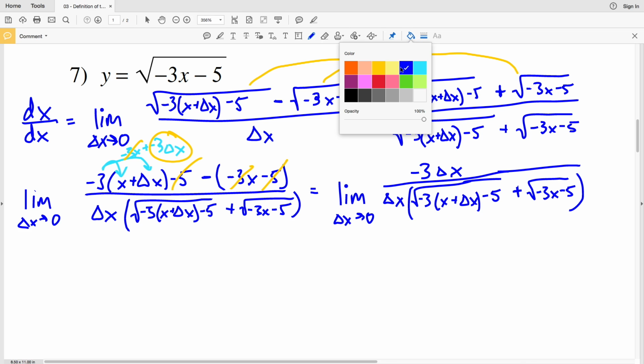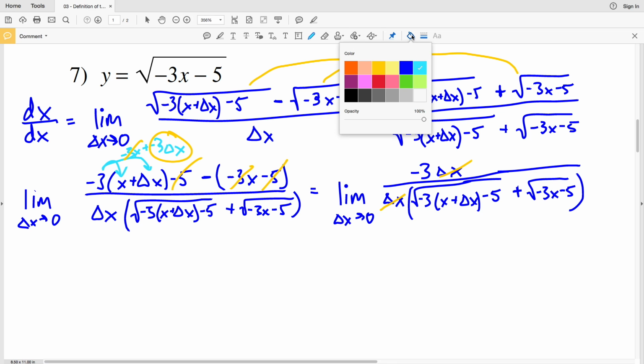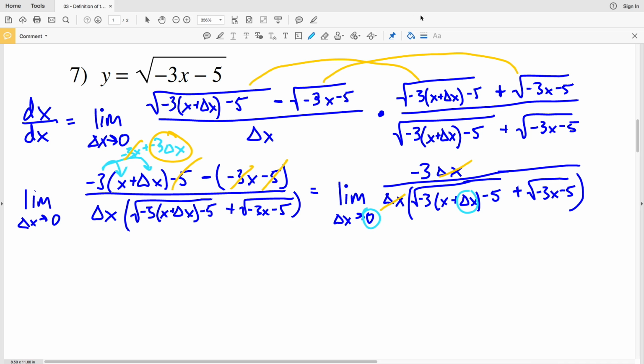But look, delta x cancels out with delta x. And because I no longer have a value that will give me 0 in the denominator, I can use direct substitution, plugging in 0 for delta x to solve.